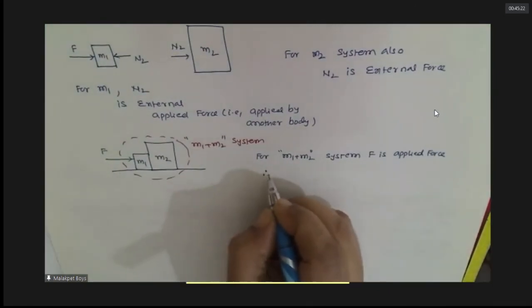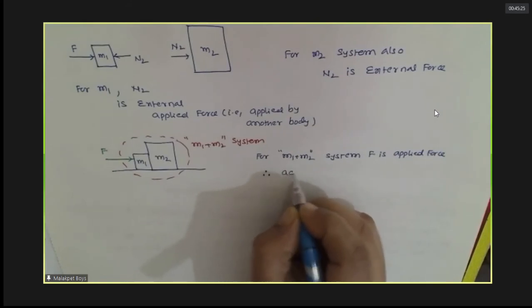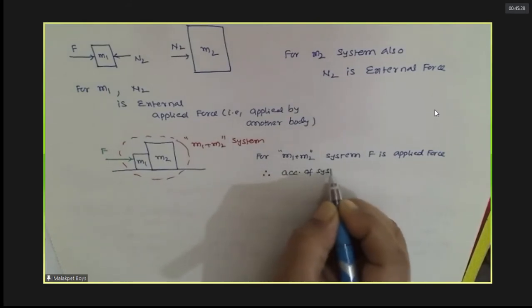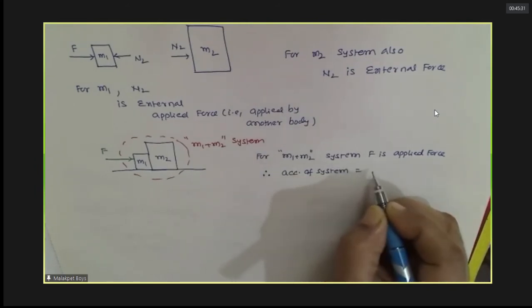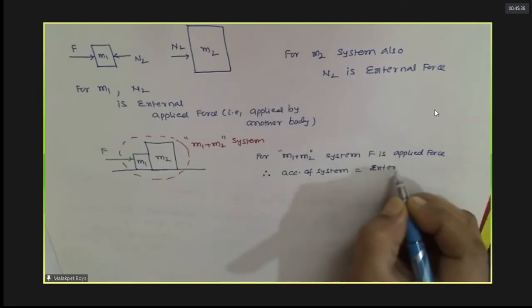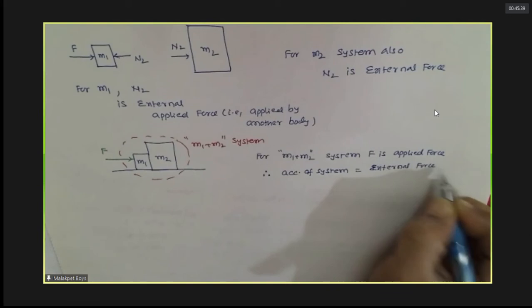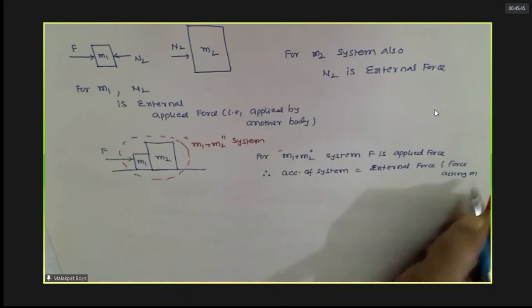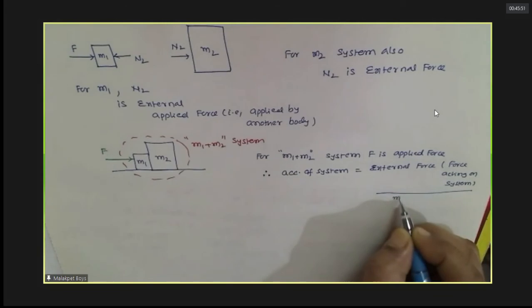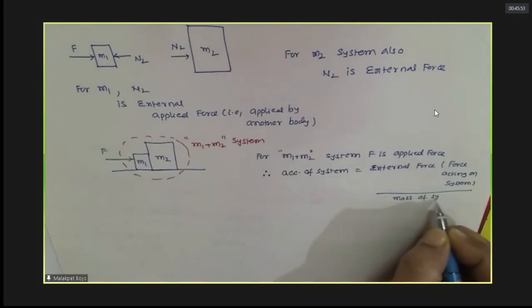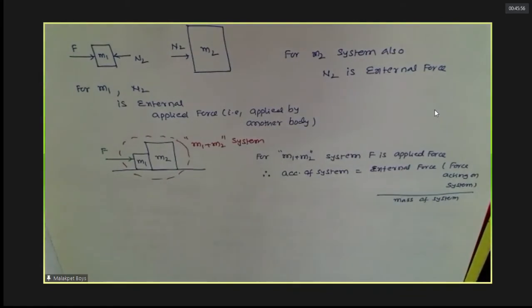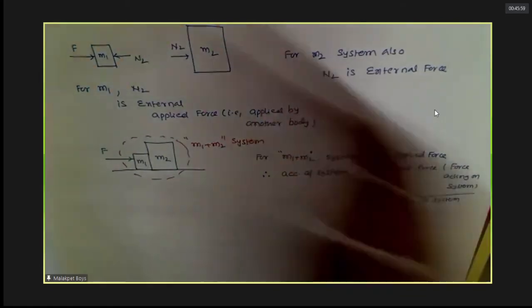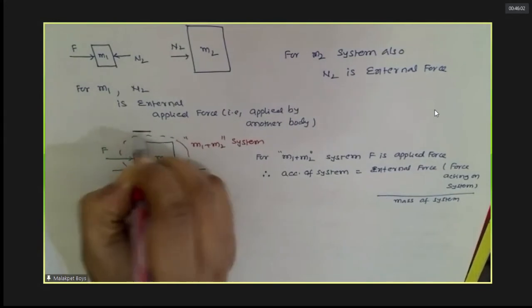Therefore, what is the acceleration of the system? External force acting on the system divided by the mass of the system. Let's say, for example, these two move with a common acceleration A.